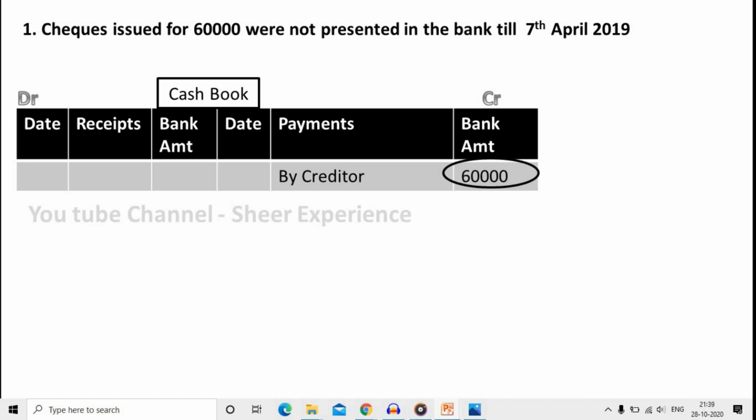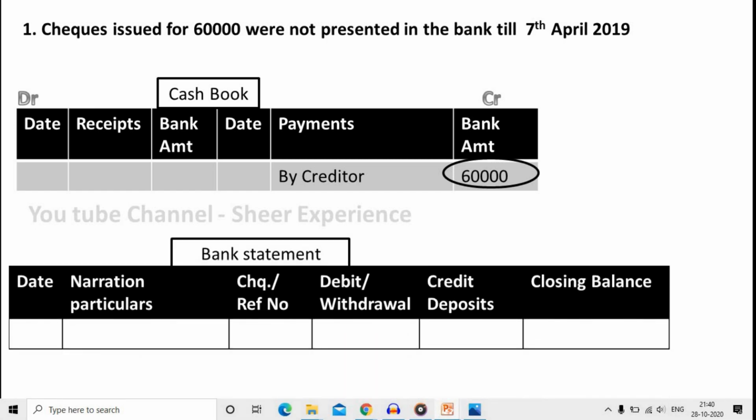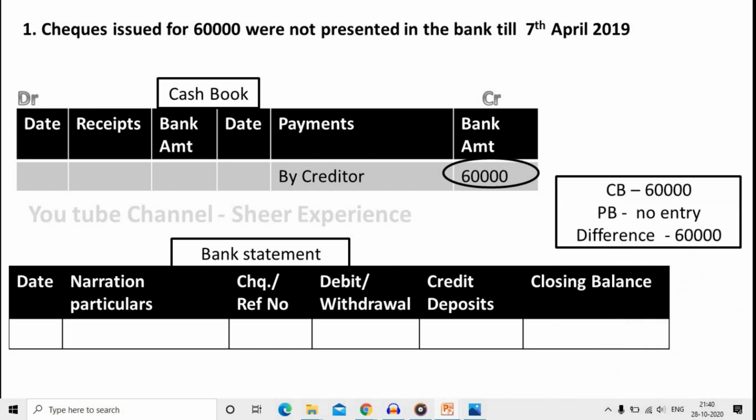But the transaction says these are not presented for payment by bank till 7th April. We are preparing bank reconciliation statement based on 31st March bank statement or passbook. So we should consider the changes that are happened below this date. So we should think these are not presented for payment. So in the bank statement there won't be any entry.